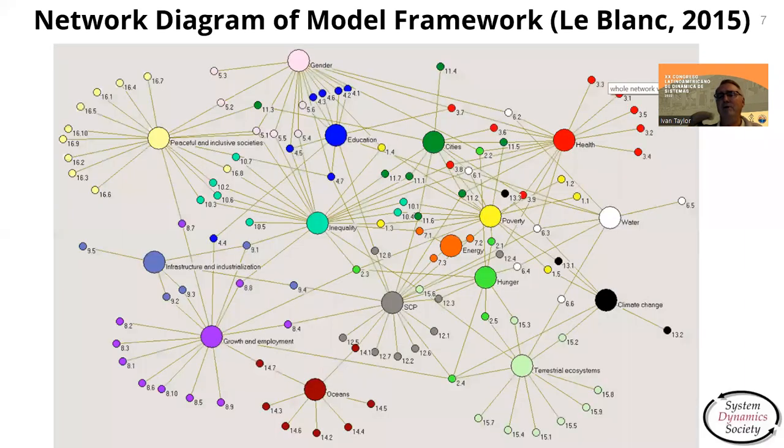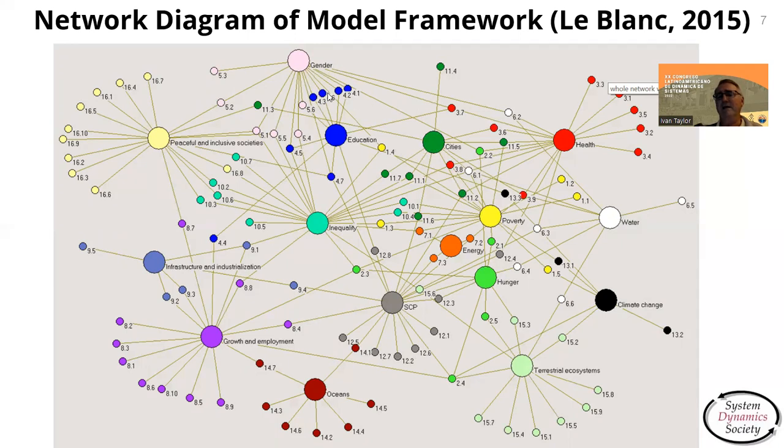So here's the network diagram developed by LeBlanc in 2015. And these SDGs are shown as the big circles, different colors, and you can see the target values, which are subcategories of the goals, shown in small circles and also color-coded based on the colors of the SDGs.